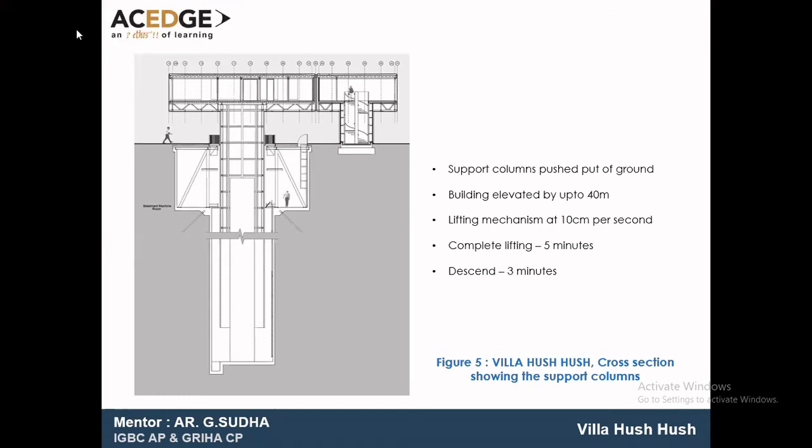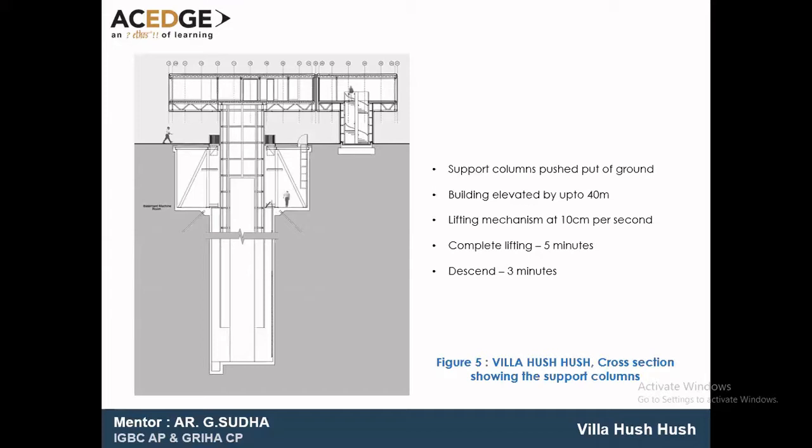And the entire support column which you see here and the moving element of the villa, all of them work based on the principle of counterweights, just like what you see in an elevator. An elevator moves up and down with the help of counterweights.